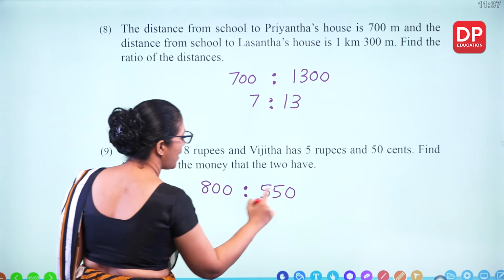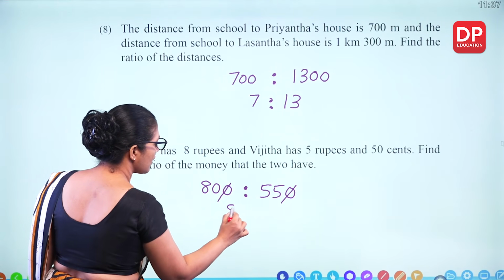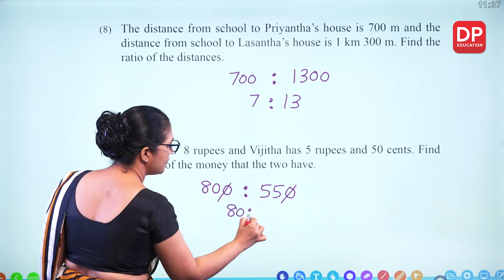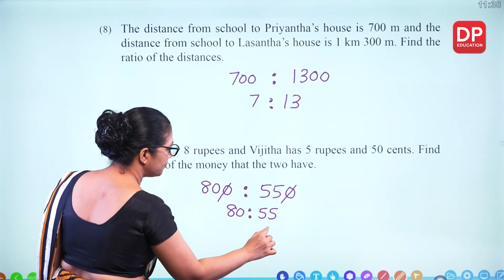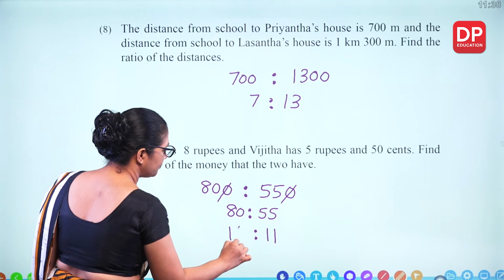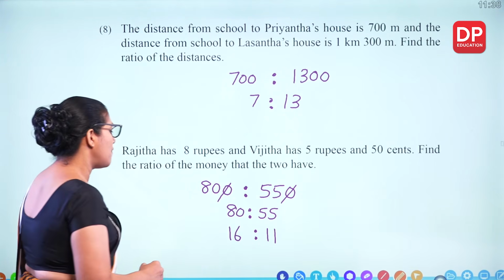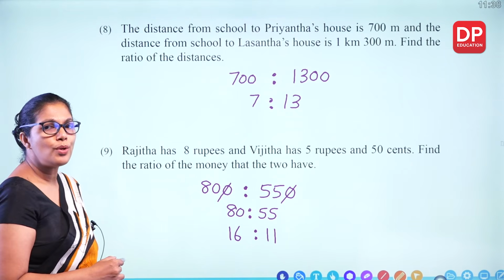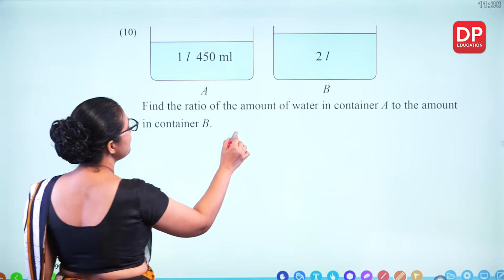Now you can compare. Divide by 10. 80 to 55 and divide by 5. 16 to 11.